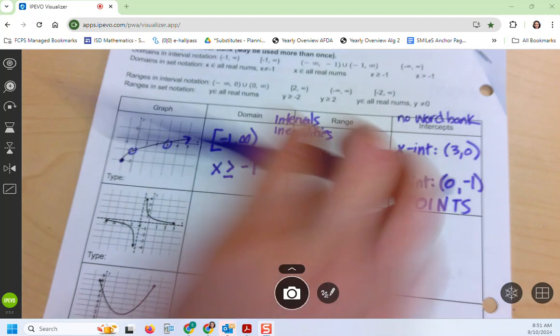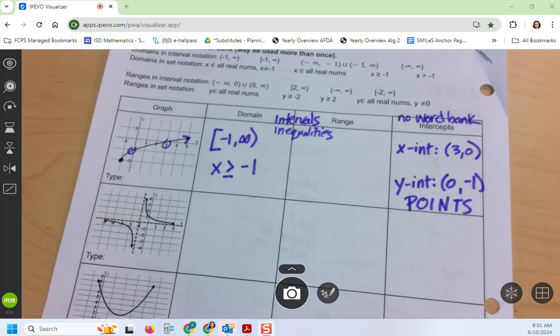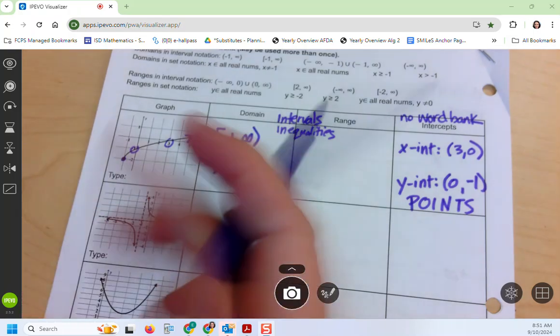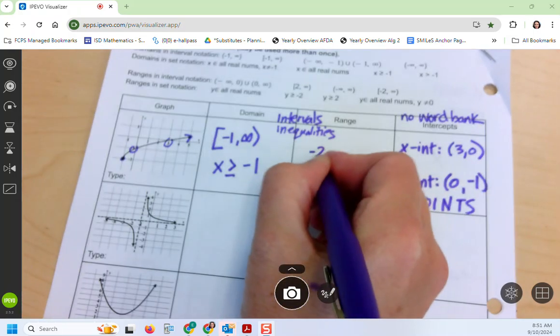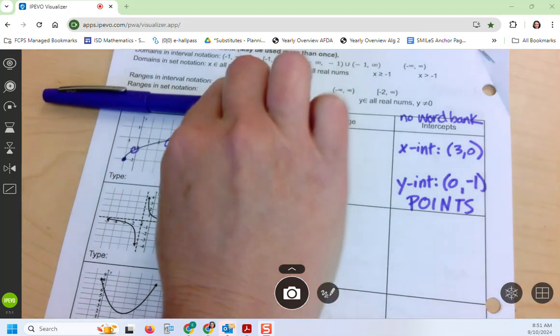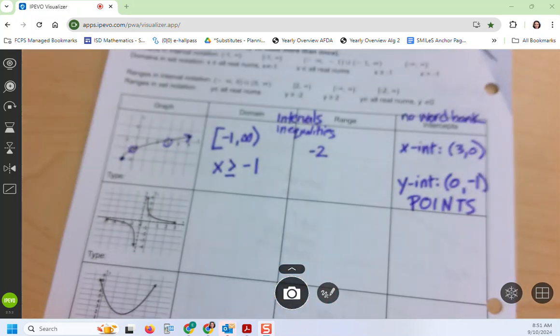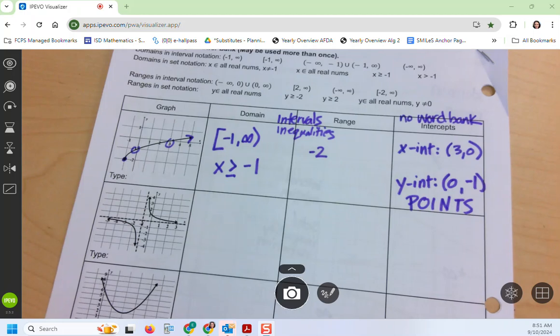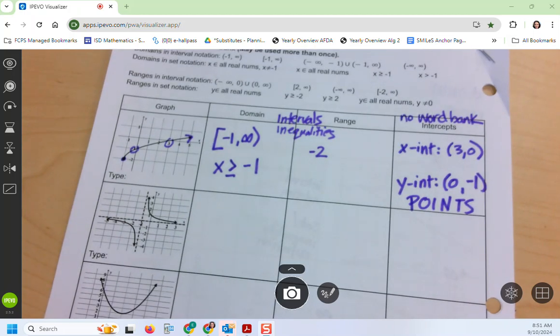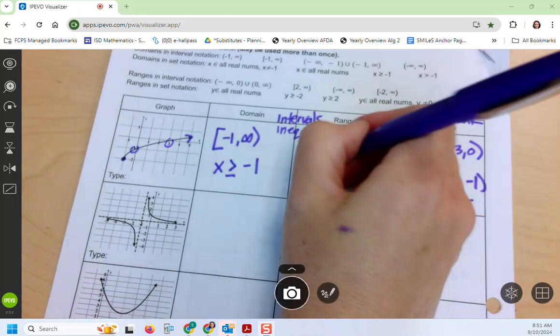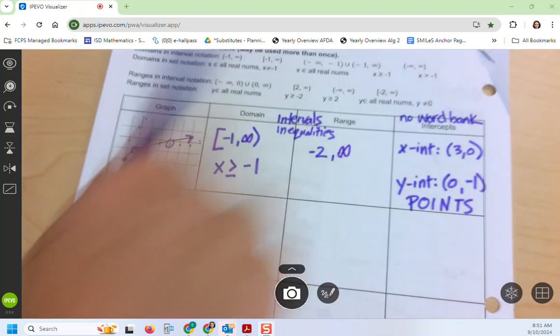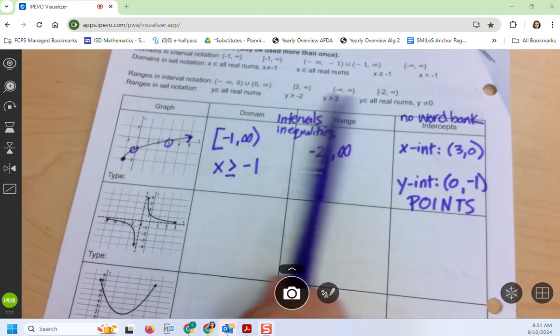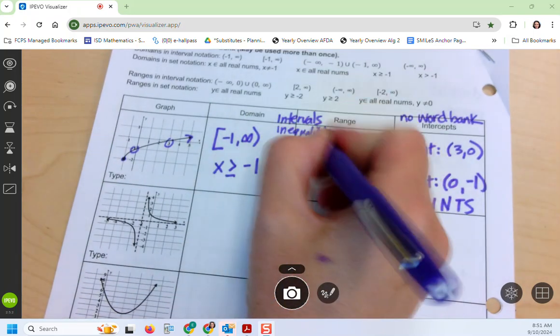All right, range. Your range starts at the bottom at your lowest y value. What is that lowest y value? It's -2, see down here? So it starts at -2, and then it keeps going up to what? That arrow keeps going to what, guys? Infinity. All right, let's look at our choices. It's going to have that square bracket on it to include the endpoint.